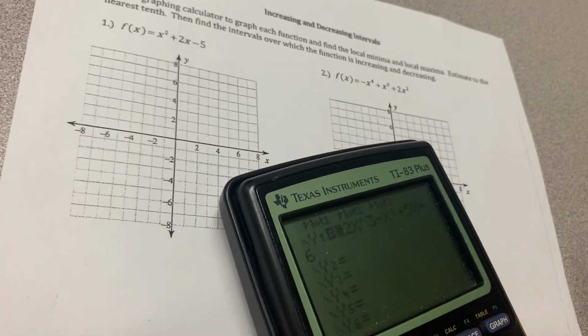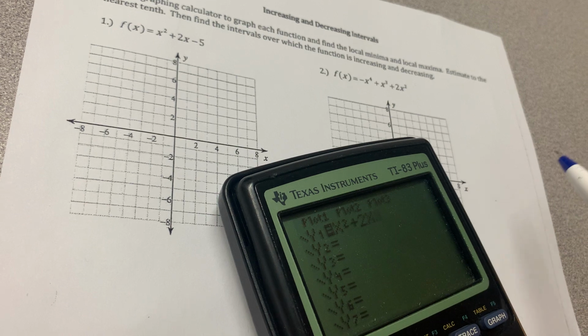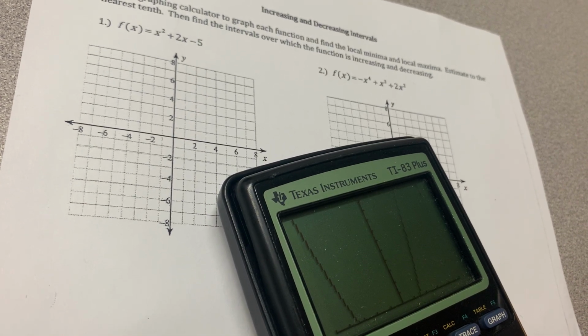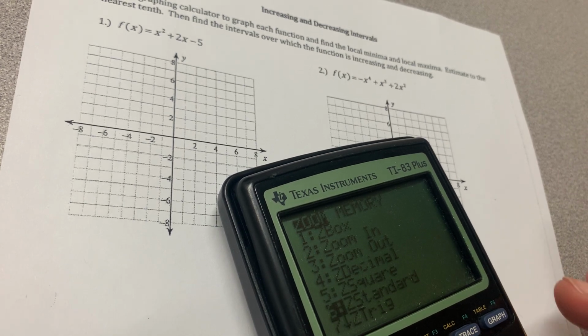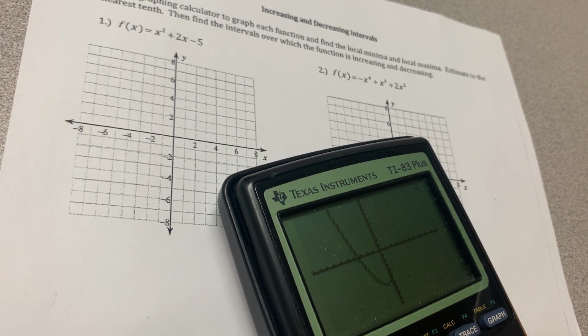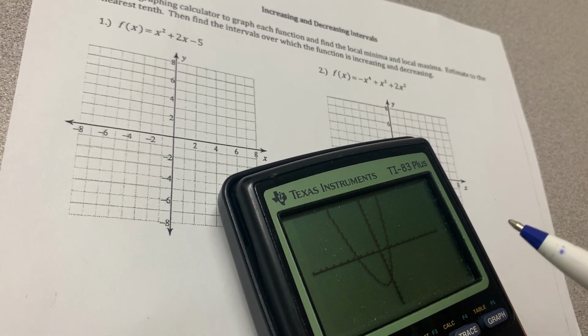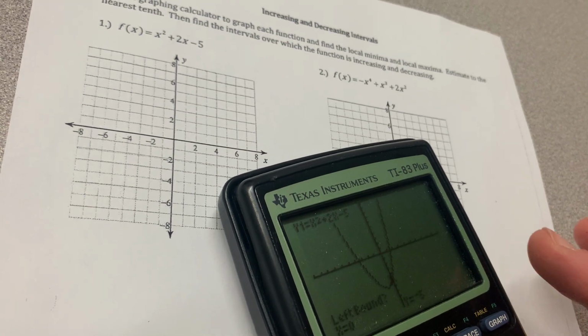If we graph that in our graphing calculator, we have x squared plus 2x minus 5. Graph it. Okay, and I don't like this viewing window. So I'm going to go to zoom standard. Okay, and all I have is one minimum. So second trace, you find your minimum.